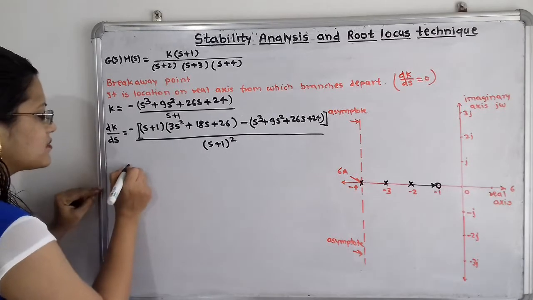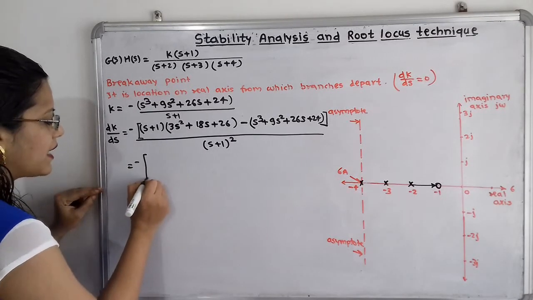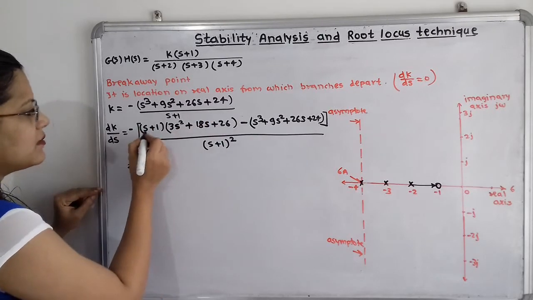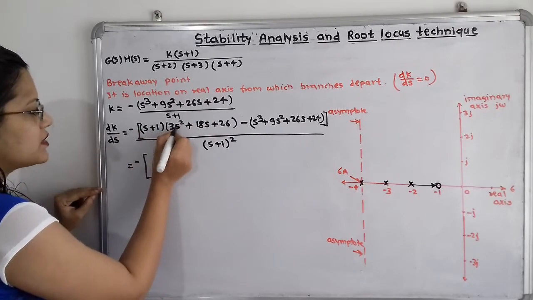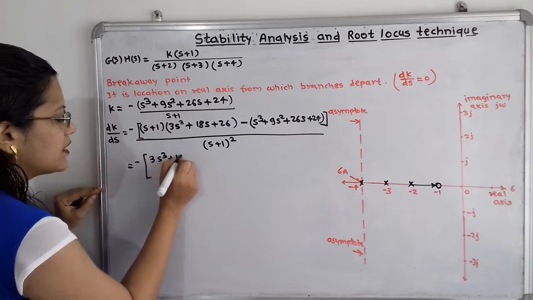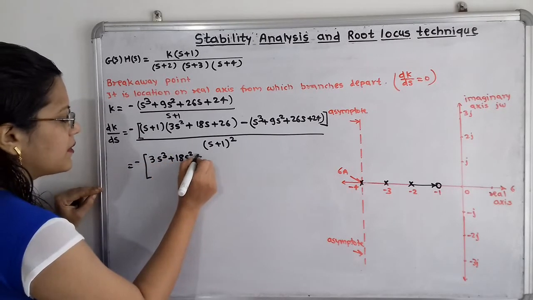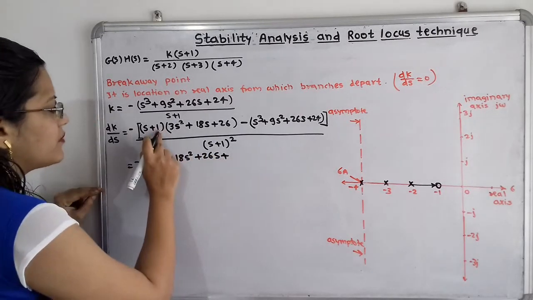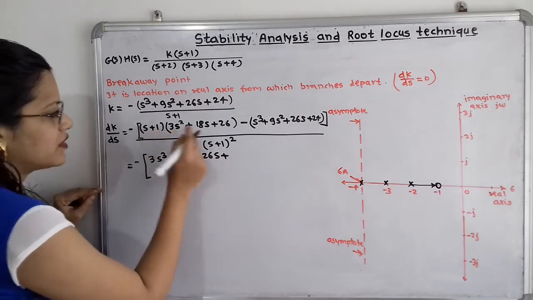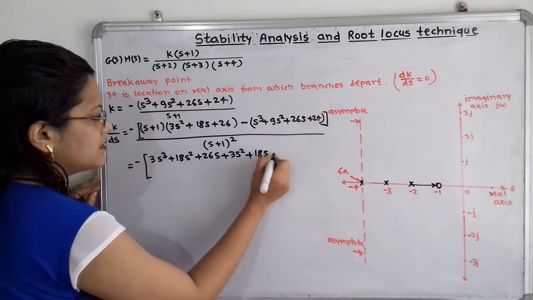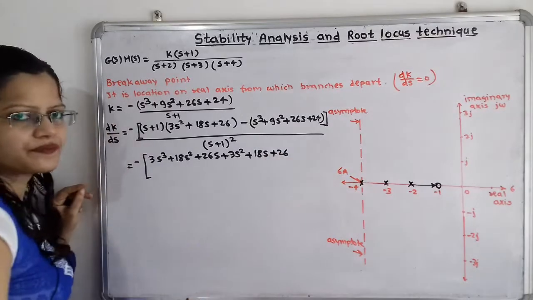So I will take this minus sign outside the bracket. So I will multiply this s plus 1 inside the bracket. So 3s square into s, that is 3s cube plus 18s square plus 26s plus, again we will multiply with this one, that is 1 into 3s square, that is 3s square plus 18s plus 26.